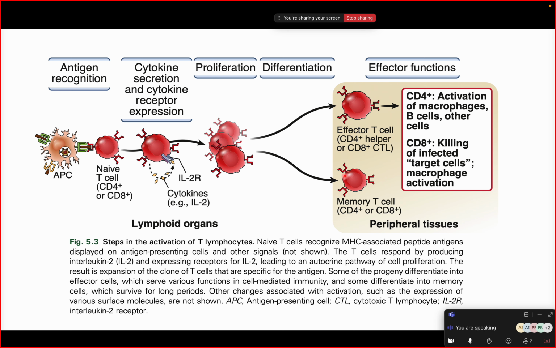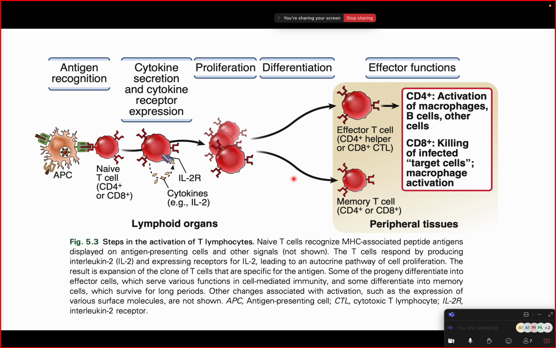Some of such effector cells will be saved in the lymphoid tissue for future purposes, so that if the same infection comes again, there will be less time needed in handling the infection, because the cells will already be present, or in short, the memory will already be present in the system or in the host.